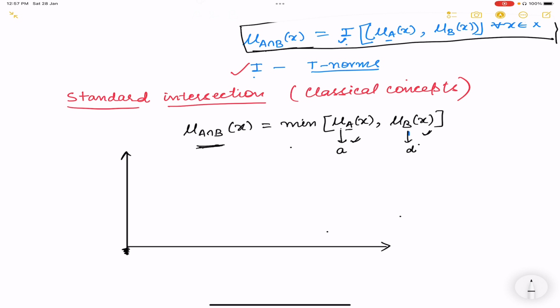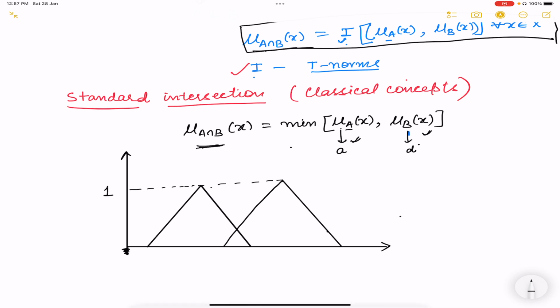If we define a trapezoidal function, say mu A(x), and another trapezoidal function, say mu B(x), and let the height be 1.